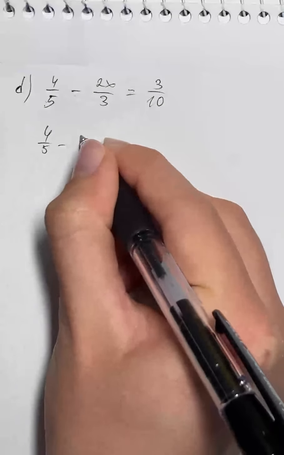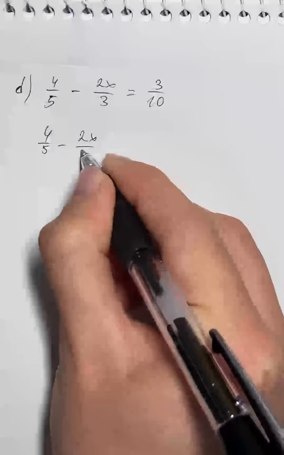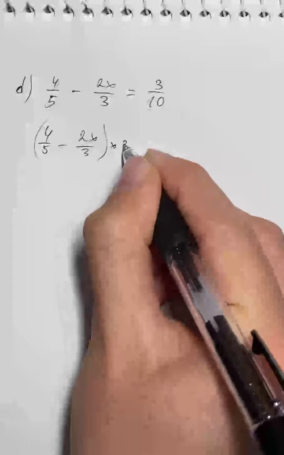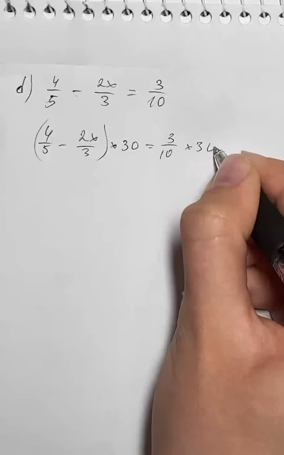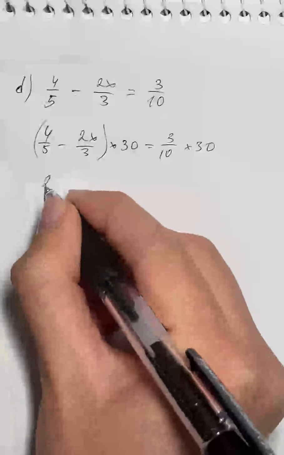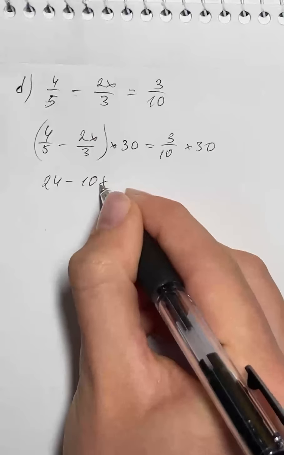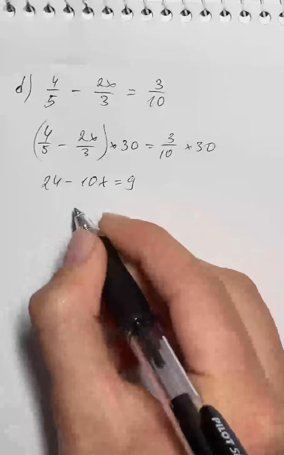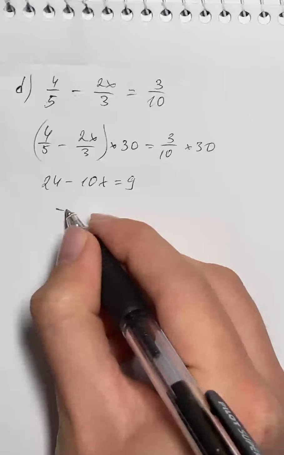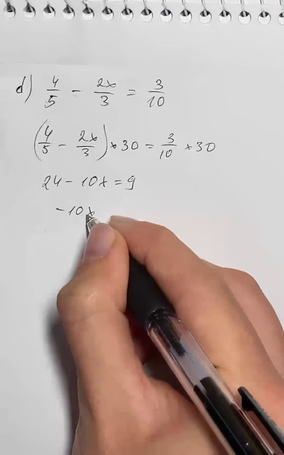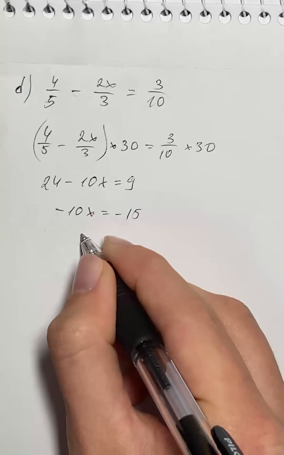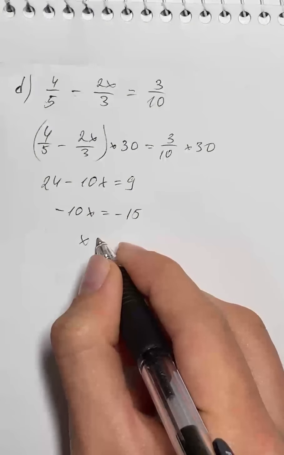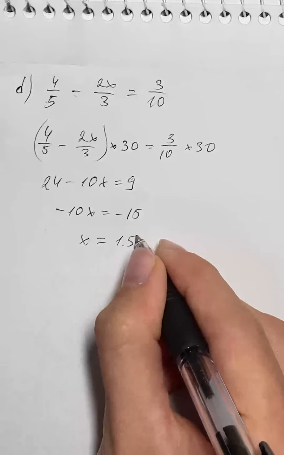So 4/5 minus 2x over 3, times 30, equals 3/10 times 30. So we simplify that and we get 24 minus 10x equals 9. Now we subtract 24 from both sides and we get negative 10x equals negative 15. And we divide both sides of the equation by negative 10 and we get that x equals 1.5.